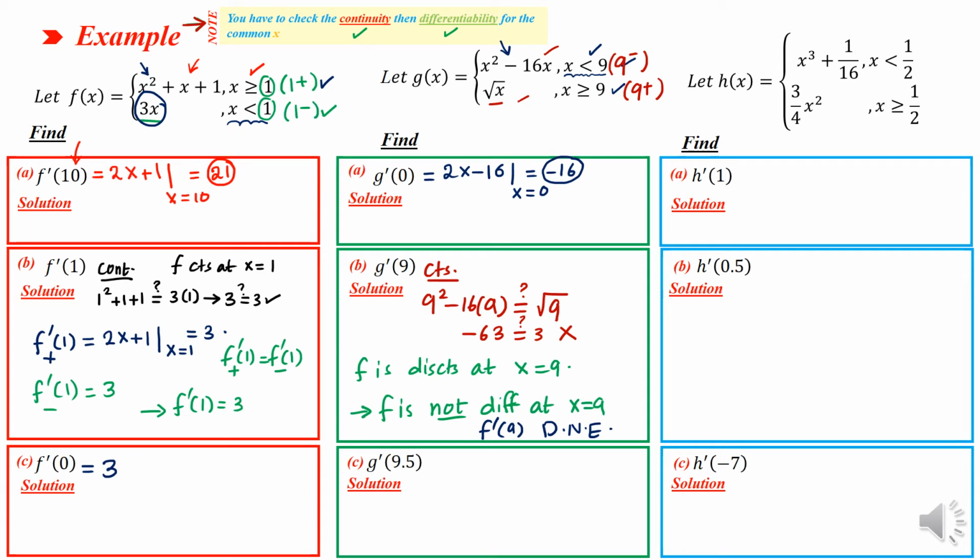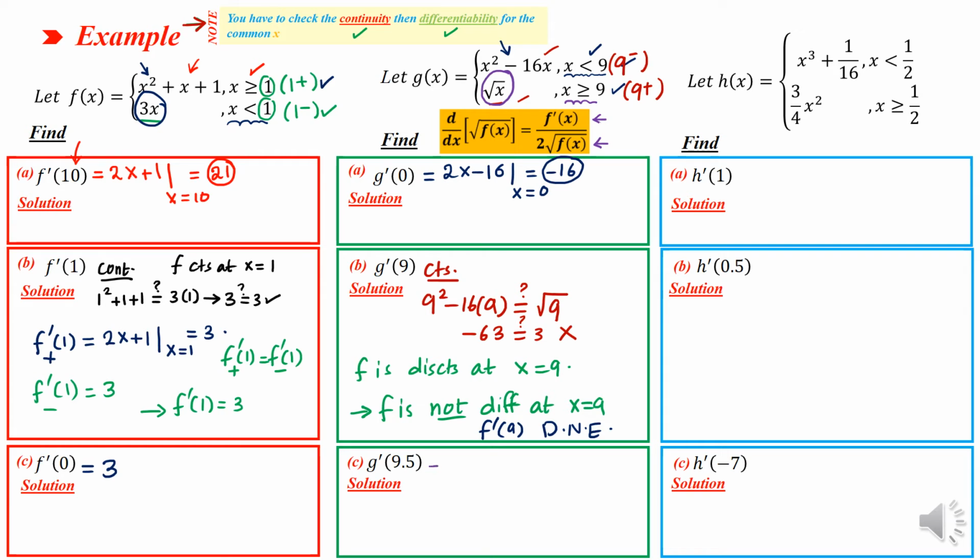Now 9.5 is not common between the two intervals, so you have to choose the correct interval. The correct interval is the second interval, because 9.5 is greater than 9. So you have to find the derivative of this function, square root of x. As you know, the derivative of square root of any function equals the derivative of the inside function divided by 2 multiplied by the same square root function.